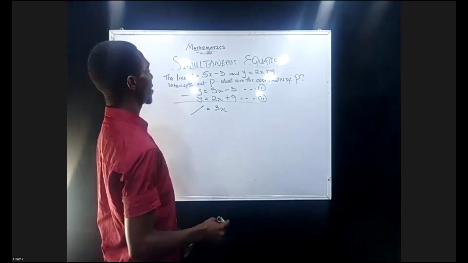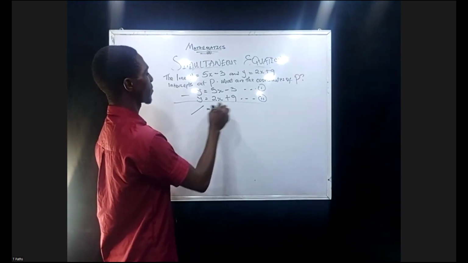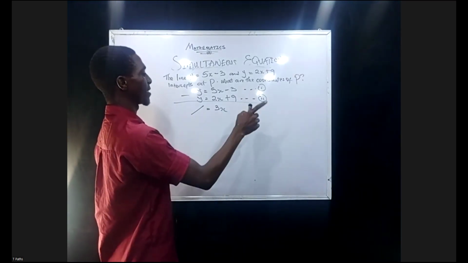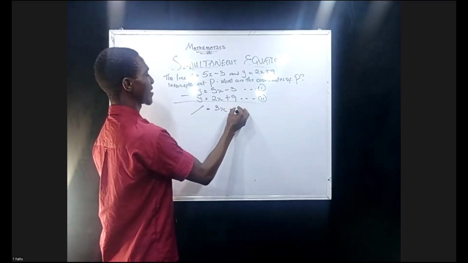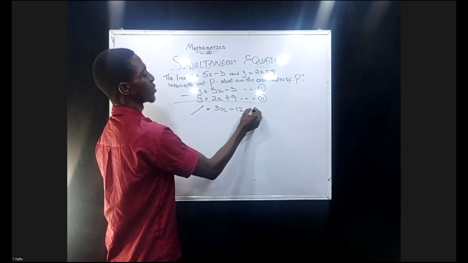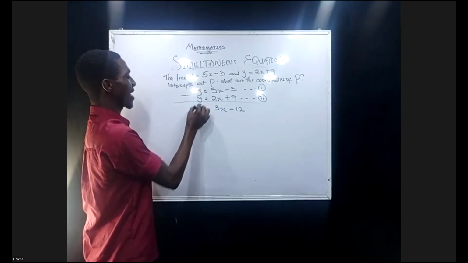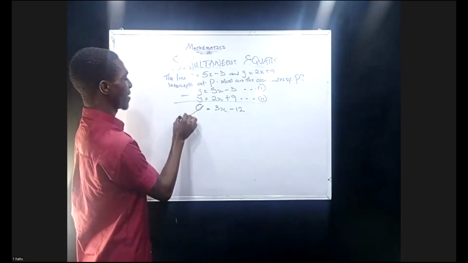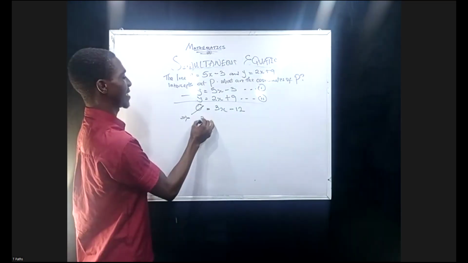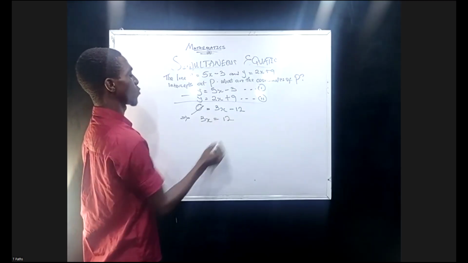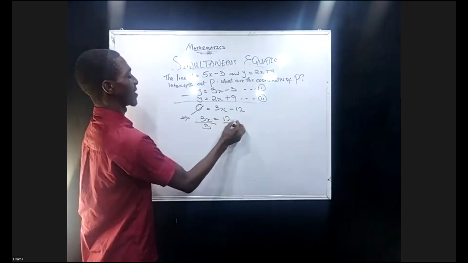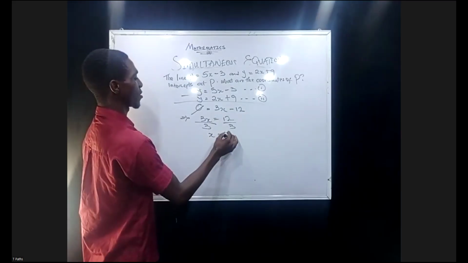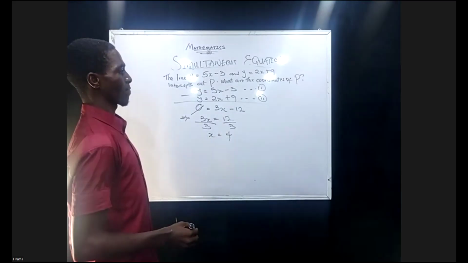Then here we have minus 3 minus plus 9, which becomes minus 3 minus 9, and that gives me minus 12. So everything here equals 0. From here, this implies that 3x equals 12. I divide both sides by 3. Then the value of my x equals 4.